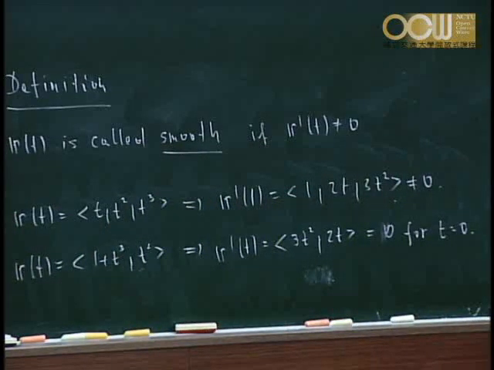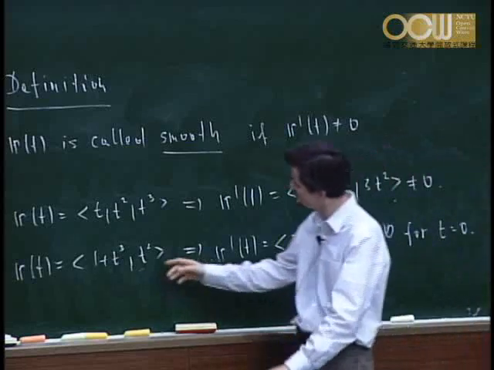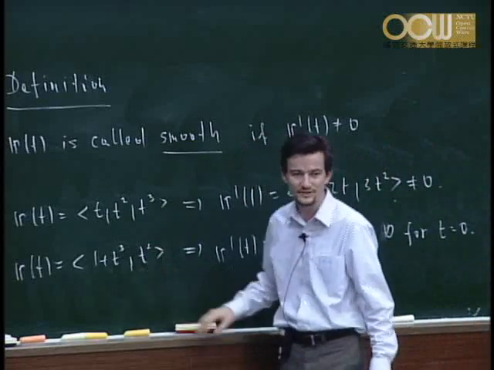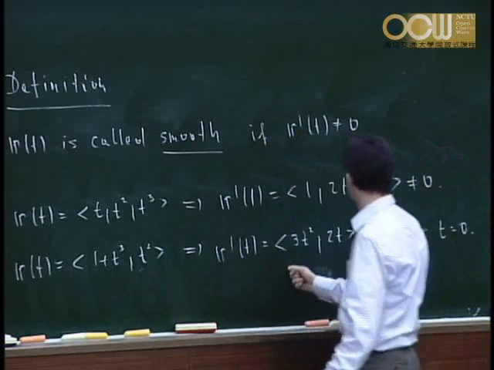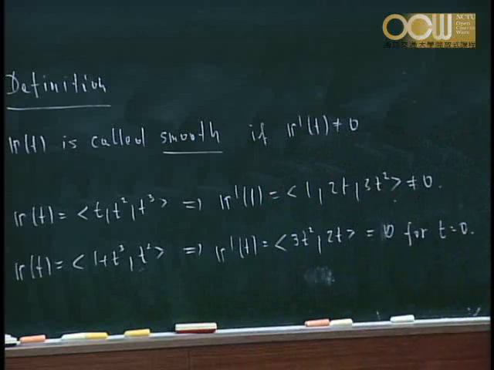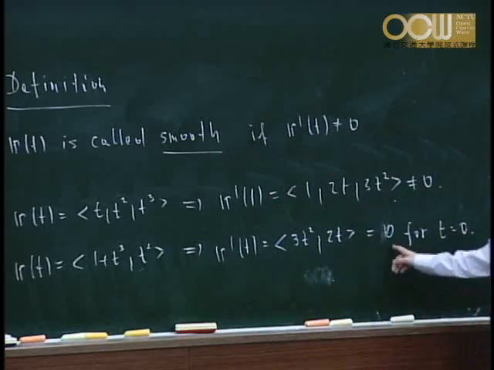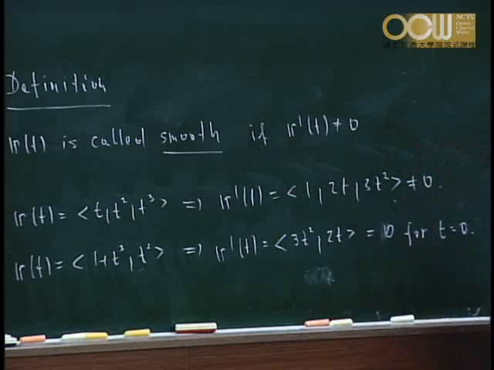I don't know why I thought t must be larger or equal than 0. Just for a minute I thought this is the square root. So of course this is defined for all t, and you see that there is one point where the derivative is equal to 0, namely t equal to 0.